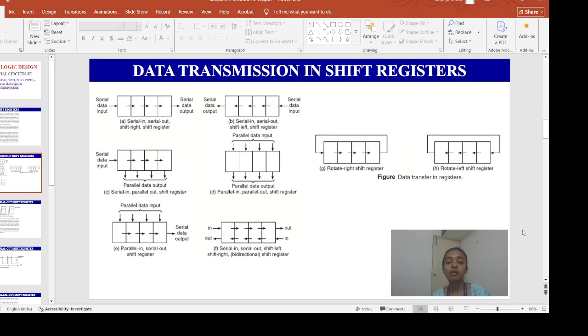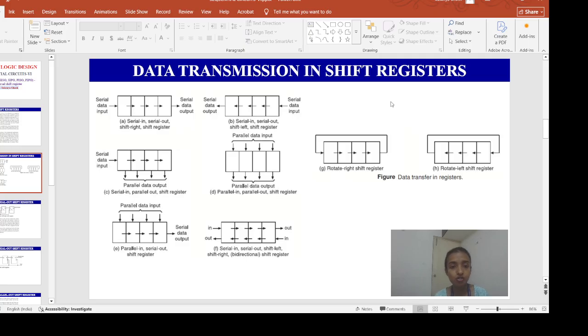Now, shift registers are classified into different types depending upon how data gets transmitted. We can see a number of flip-flops connected together such that the data may be shifted into and shifted out of them; that is called a shift register.